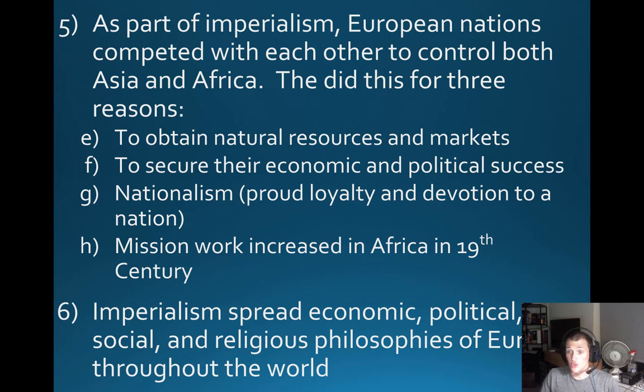It looks good for the people if your country is doing this. It's a prideful thing. It leads to nationalism, as it says in the next part there. And then you're also going to get mission work, believe it or not.